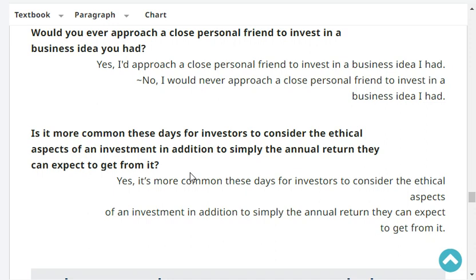Yes, it's more common these days for investors to consider the ethical aspect of an investment in addition to simply the annual return they can expect to get from it.